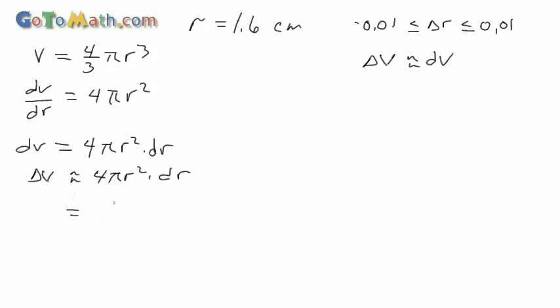So all we need to do now is just plug our stuff in. We have 4 pi times r, and of course r is 1.6, squared, and our dr, which is actually this.